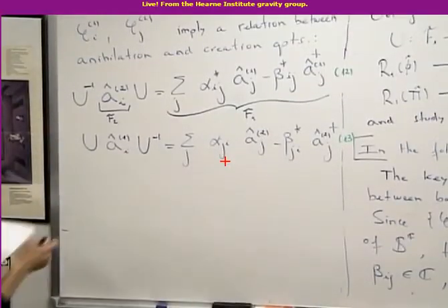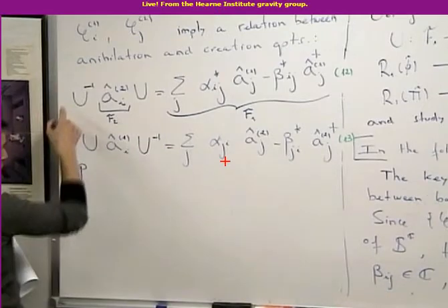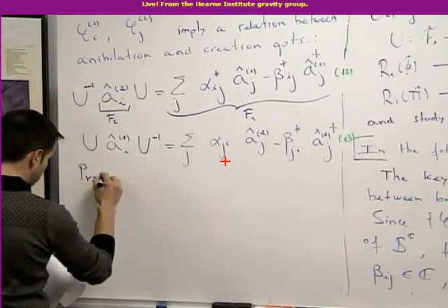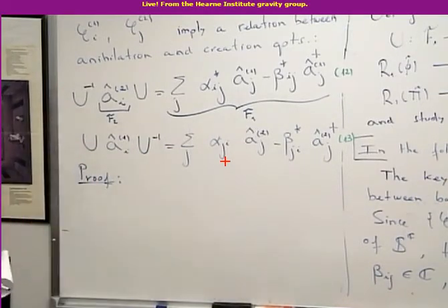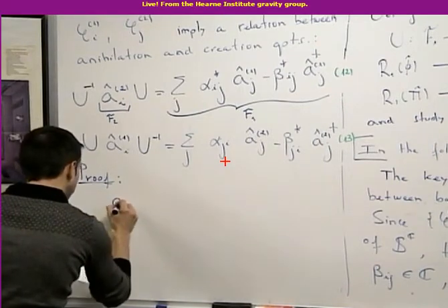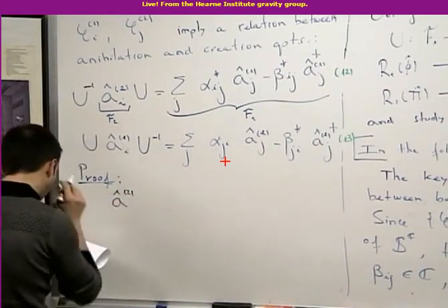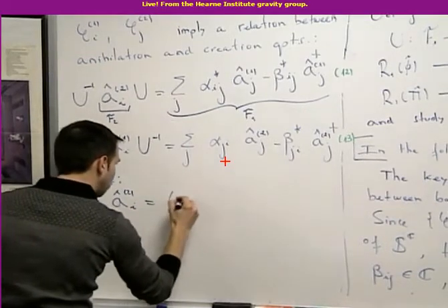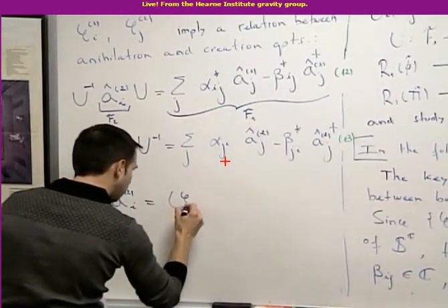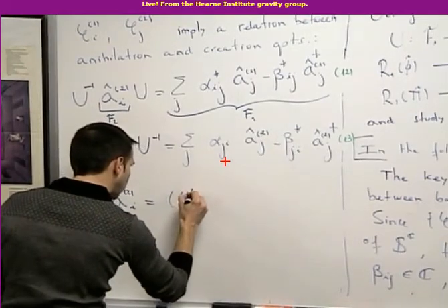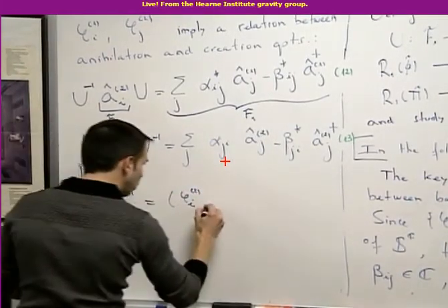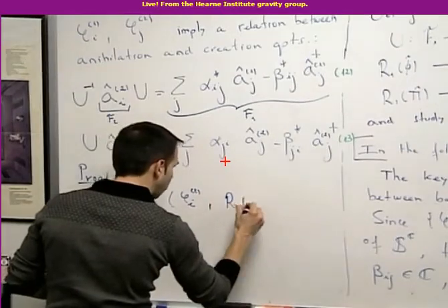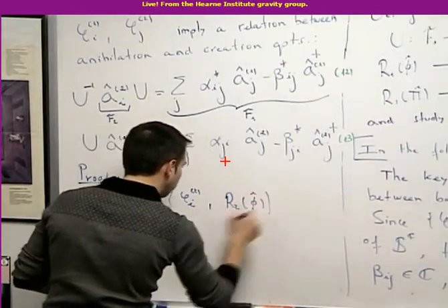So where is this coming from? Let me prove at least the first one. The proof is simple. Imagine I start with this operator. By definition, it can be computed as the inner product in the space of classical solutions of the solution 2 together with the field operator in the representation 2.